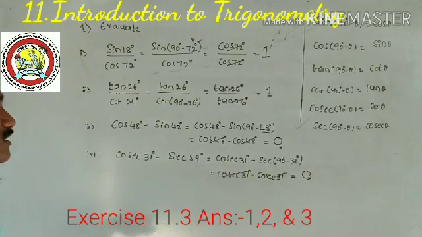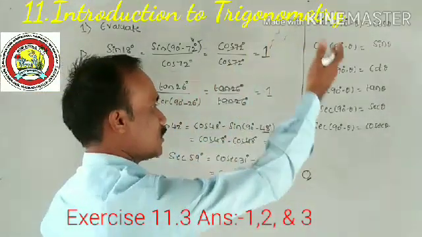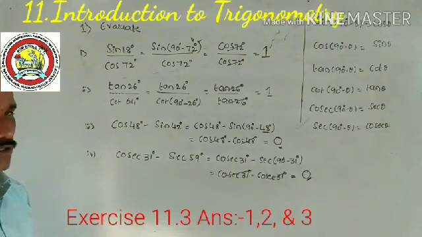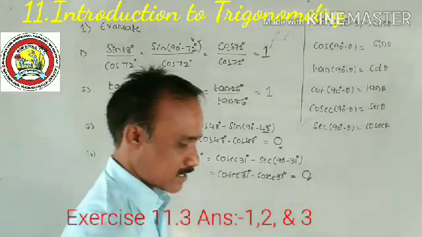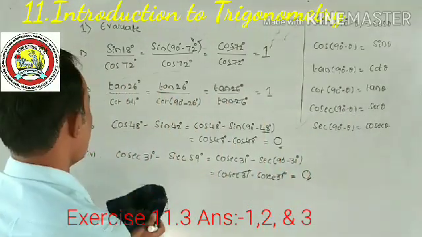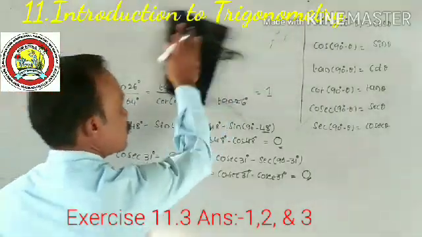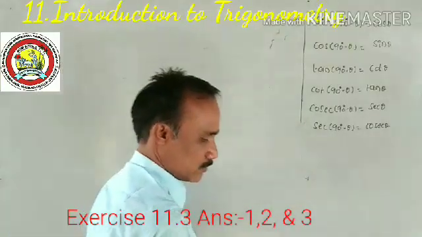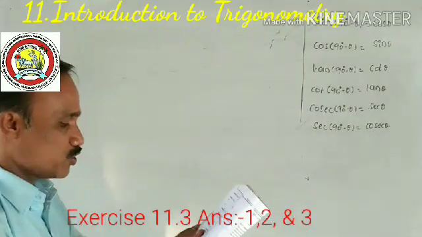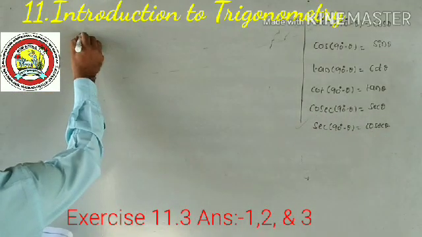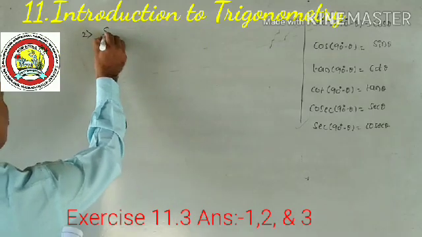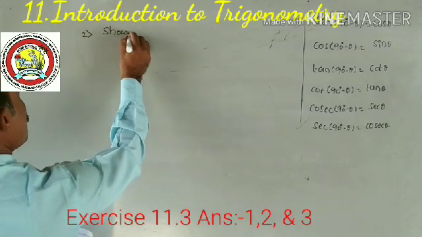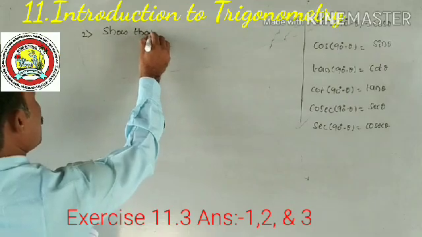So no simplification, you just have to write in terms of trigonometric ratios of complementary angles. Okay, right. Next, main question 2. Show that, I will consider one by one.